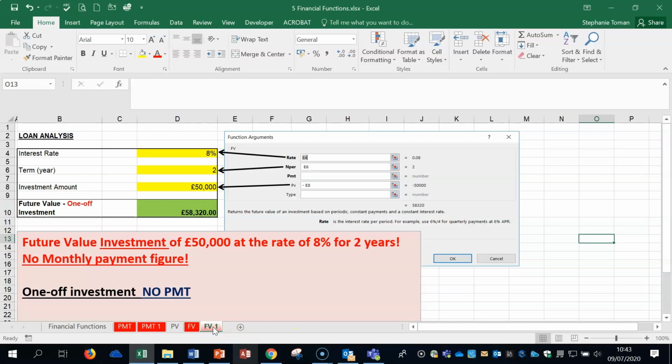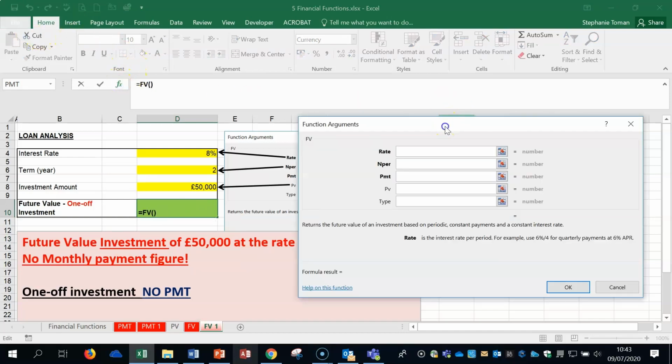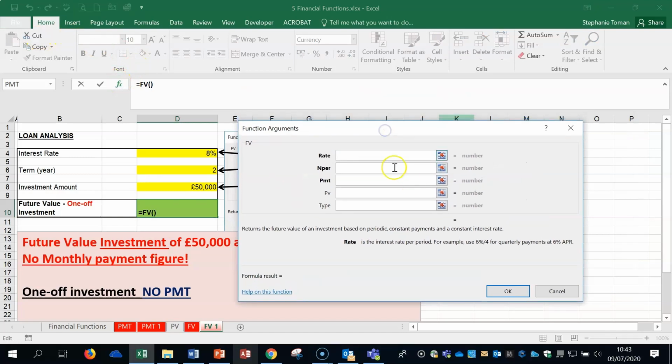Next one we're going to do as an example is your one-off future value investment. So once again, delete the answer there. We know we're using a future value. We're going to get the paste function, bring it up. We've got our rate. Would we divide it by 12? No, it's a one-off investment.